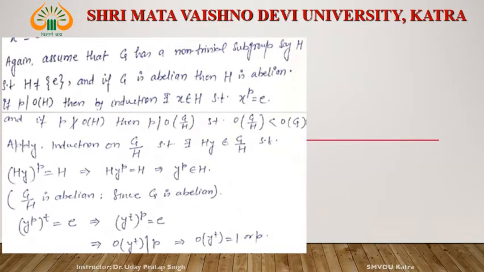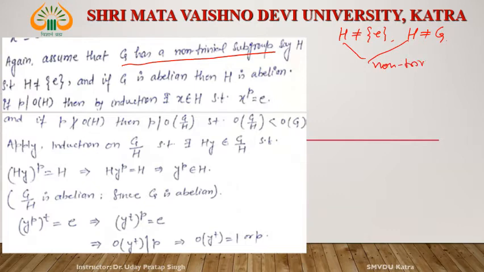Again, assume that G has a non-trivial subgroup. Let us assume that G has a non-trivial subgroup, say H. Then H is not identity and H does not equal G, since H is a non-trivial subgroup of G. Then what does the method of induction say?